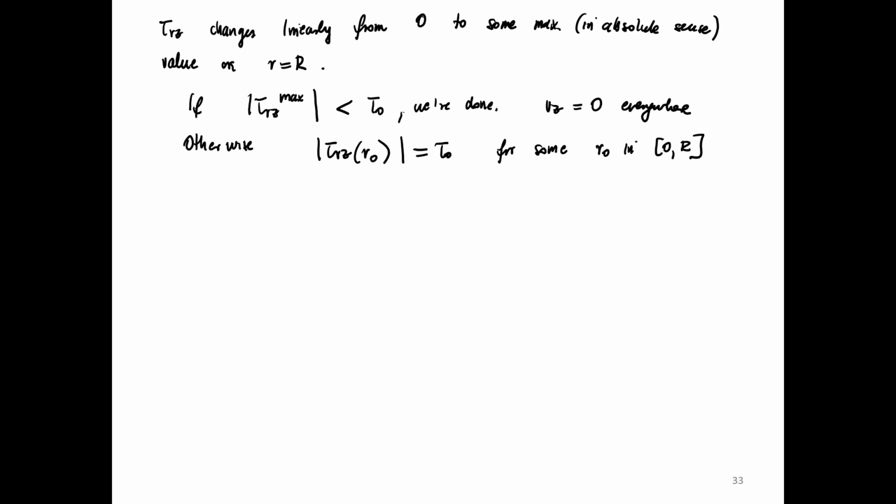And then I have two regions. There's one region where my shear stress, tau RZ, is changing from 0 to that value, tau 0. So I have regions 0 to R0 and R0 to R.